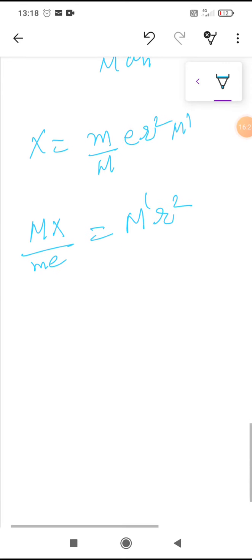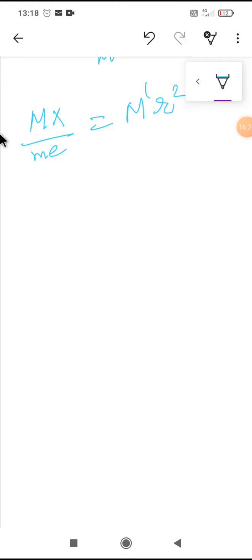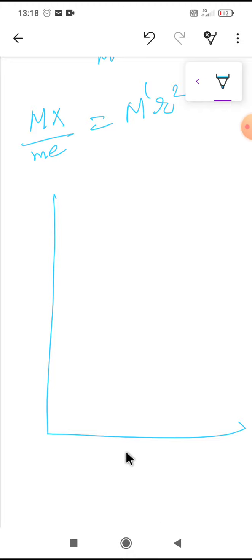So let's draw the graph of m x by m e with respect to frequency ratio r. On the x-axis there is the frequency ratio, and on the y-axis there is m x by m e.